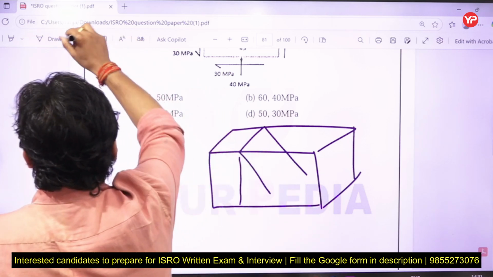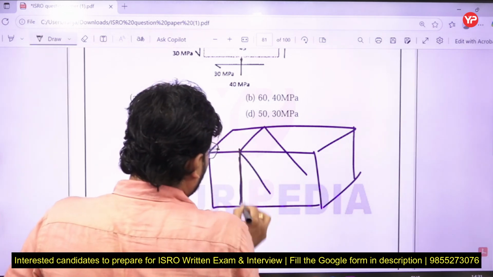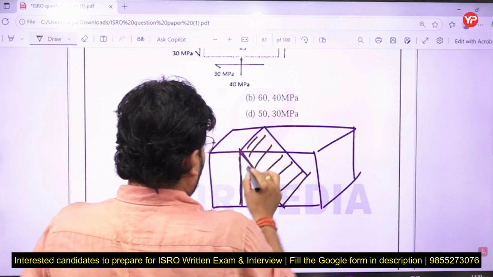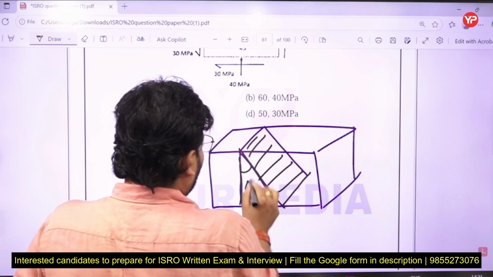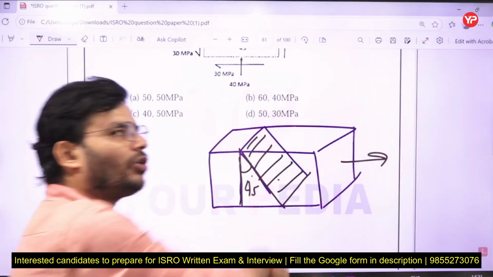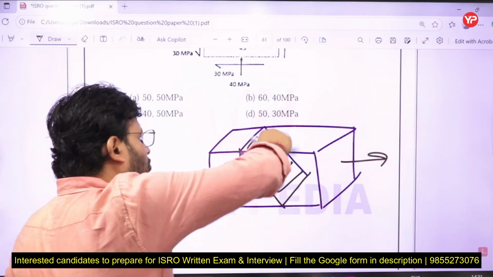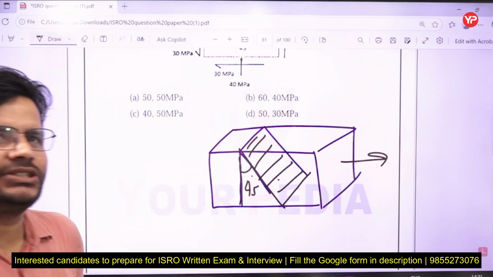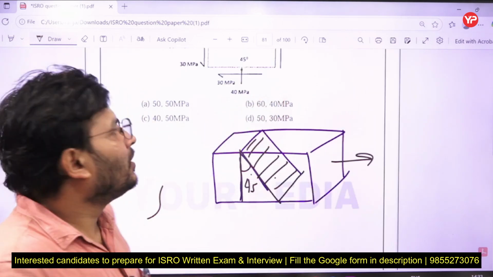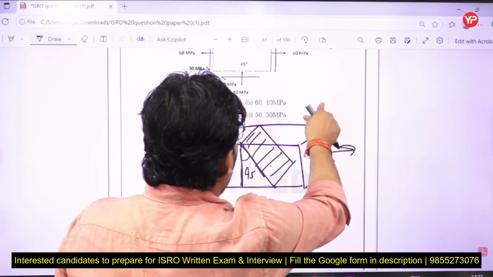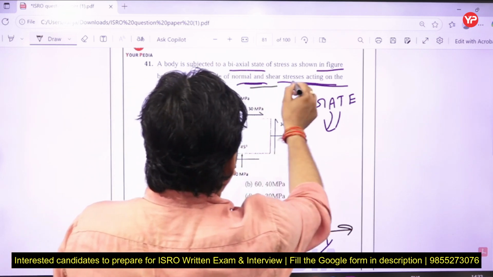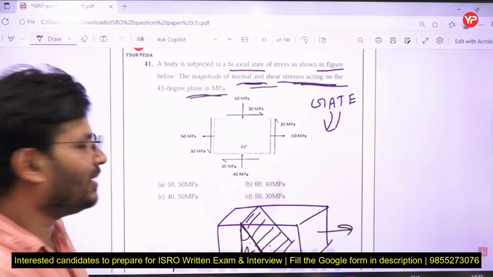Let's assume this is one of the planes, at 45 degrees, and you are going to apply the load there. So what will be the effect of that load on that plane? As you change the theta, we will get different planes. So for the plane which is at 45 degrees, you have to calculate the shear stress and normal stress, the magnitude of normal and shear stress acting on the 45-degree plane in megapascal.